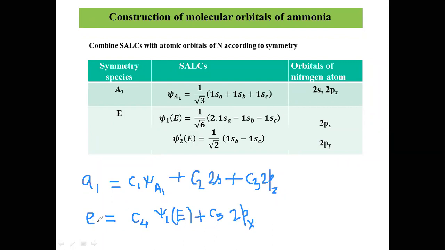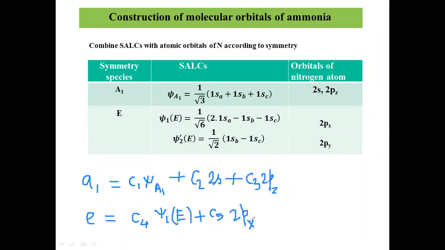If you want, you can give E1, E2, but because they are degenerate we really don't need to go for a separate one. So this one will give the combination of this and this, so I'll have two molecular orbitals. Similarly, I'll have this one and this one combination, which is going to be C6 and C7. I'm not writing that, but this is the way we do it. And then when we form the secular determinant and solve it, we get all the coefficients.